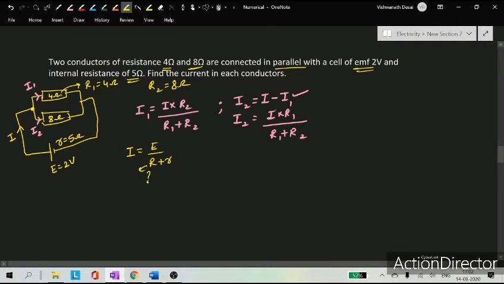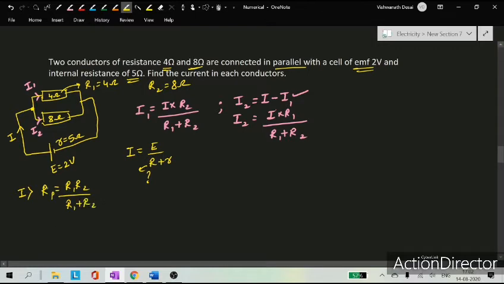The 4 and 8 ohm are connected in parallel. We don't know the total or effective resistance in parallel, right? We have to calculate that first. So the first step to solve this problem is to calculate the effective resistance in parallel by using the formula R1 R2 divided by R1 plus R2.